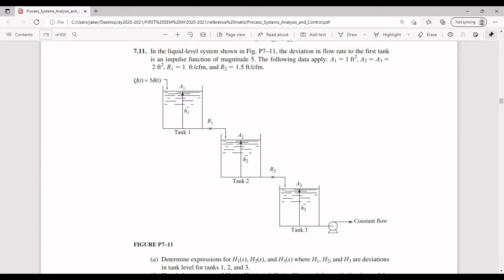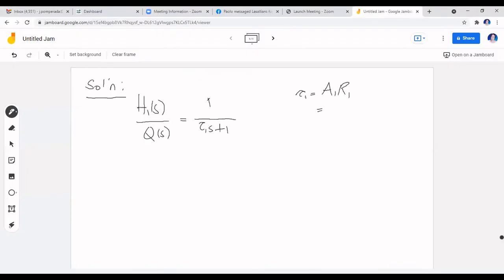So meaning your tau 1 is 1. Okay, so we'll go back to the board. So this is 1 square feet and you have 1 for the resistance. So your tau is equal to 1. So for H1 of s over Q of s, we have 1 over s plus 1.